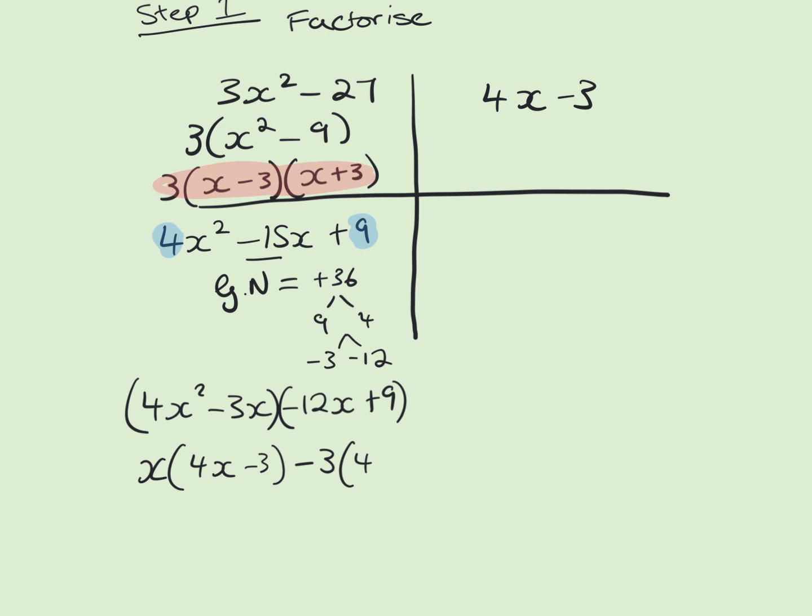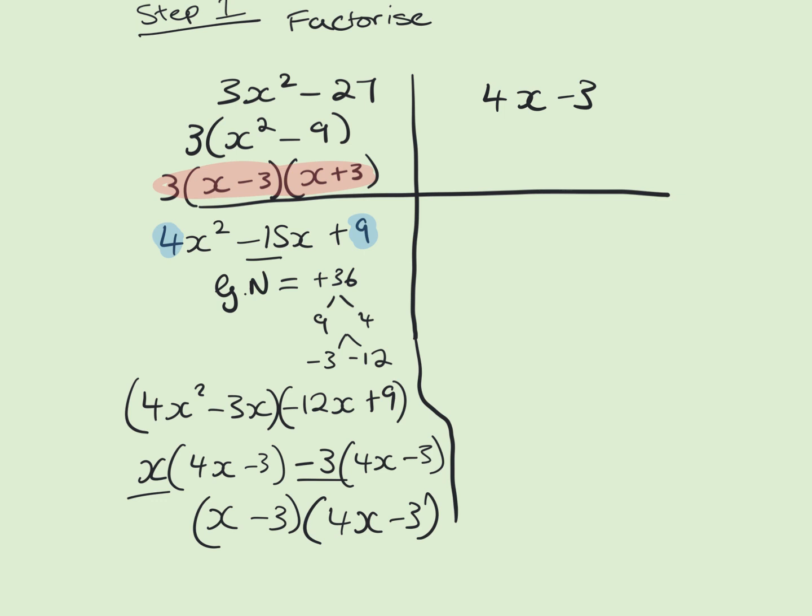So I should be left with 4x minus 3 here again. So my factors there are going to be x minus 3, everything that's outside the bracket, and then one of the other brackets, 4x minus 3. So I'm going to close that in, and that's going to be my factors for that one.